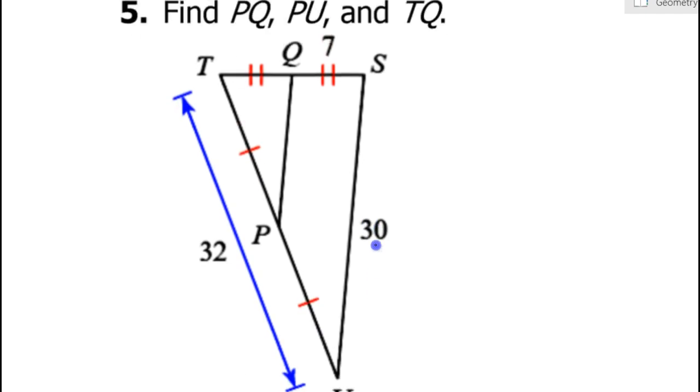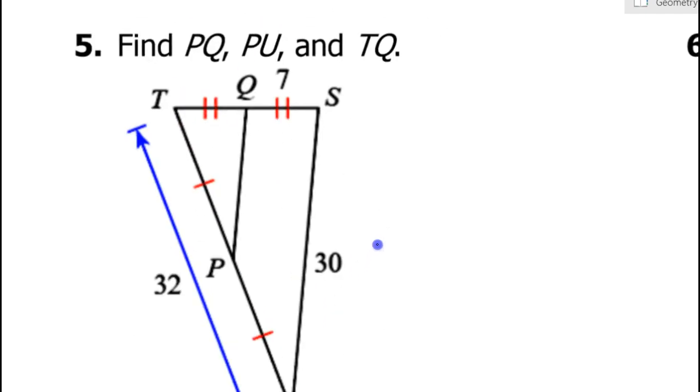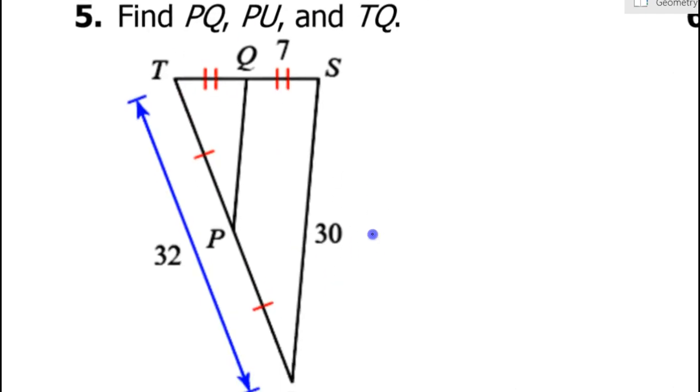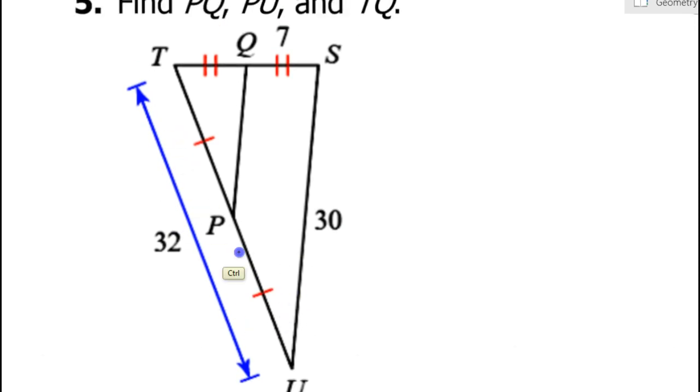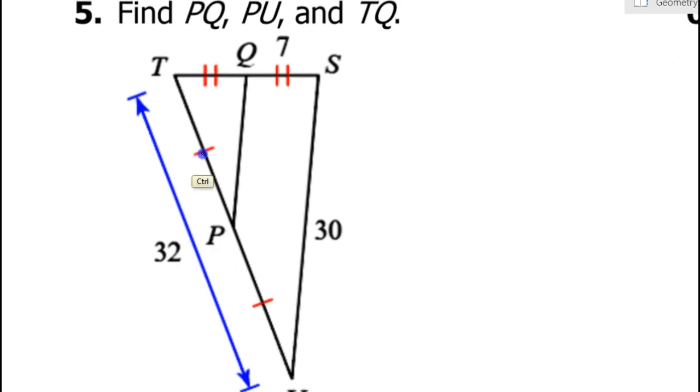Now we're supposed to find all types of things. We're given this long length right here that is 32. Half of 32 is 16. So you see these tick marks here. We know that P is a midpoint.